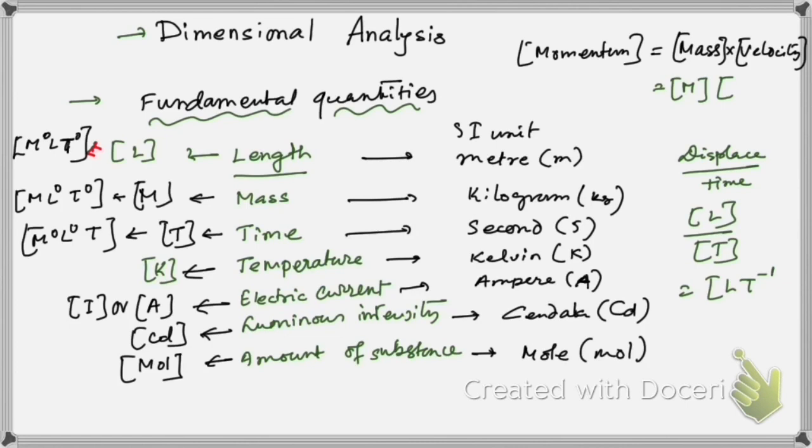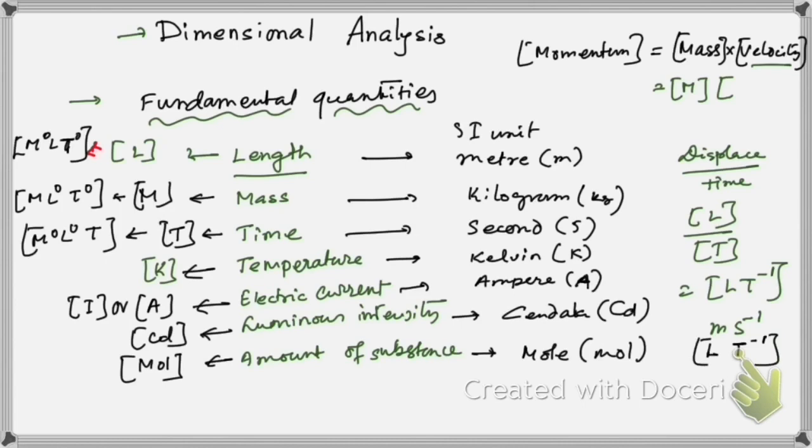And you can find the dimensional formula of velocity from the SI unit also, because the SI unit of velocity is meter per second. So meter is the unit of length, and second is the unit of time, so second inverse is there, so here T inverse. That's how we can obtain the dimensional formula.